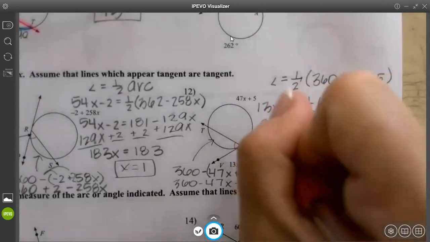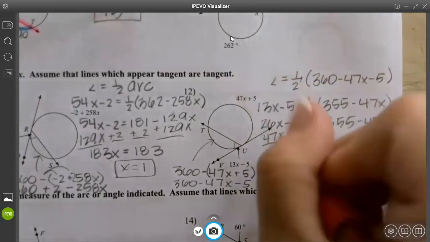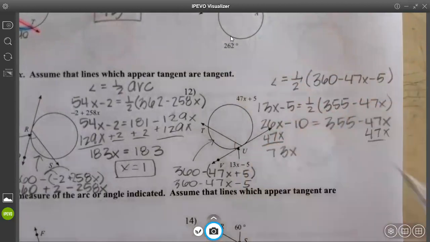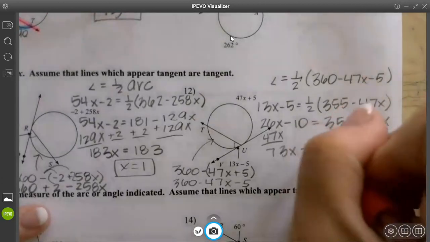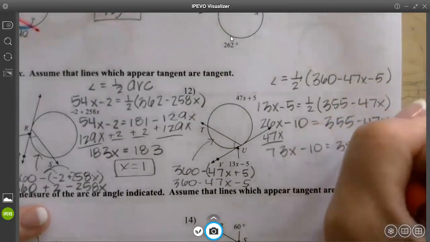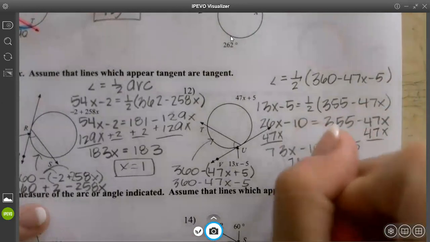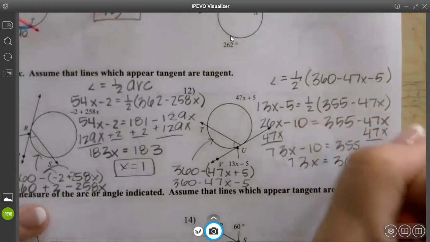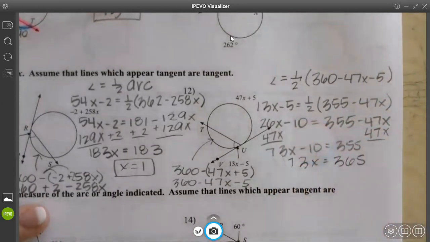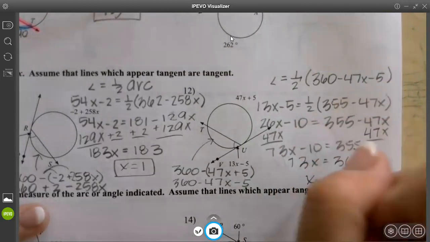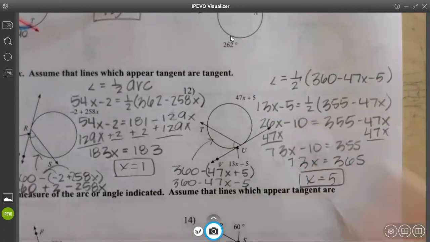Add your 47. You get 73x minus 10 equals 355. Add your 10, 73x equals 365. And then divide, and you get 5.